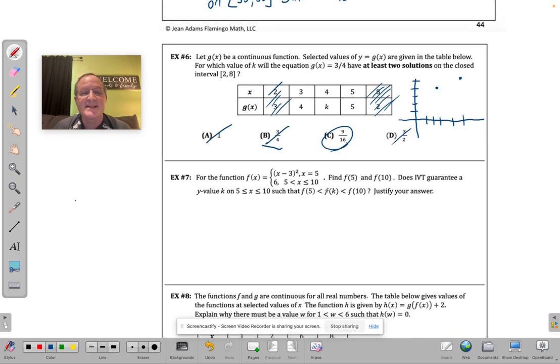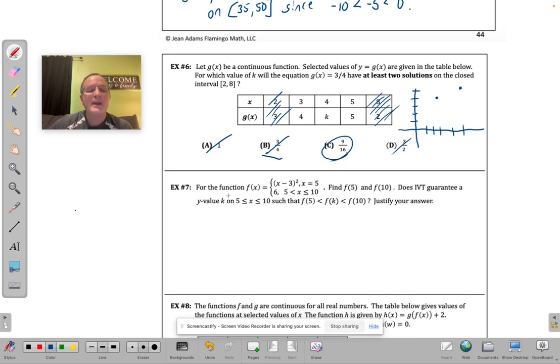Now on 7, we have a piecewise function. When x is 5, you use x minus 3 squared. That's really weird, that's just a single point. In other words, they could have just said f of x is equal to 5 minus 3 squared, which is 2 squared, which is 4, when x is equal to 5.